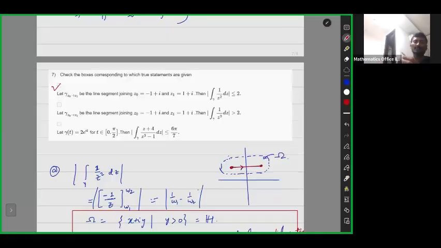So this is always incorrect because option A is correct. Both things cannot be happening together. Why? Law of trichotomy.